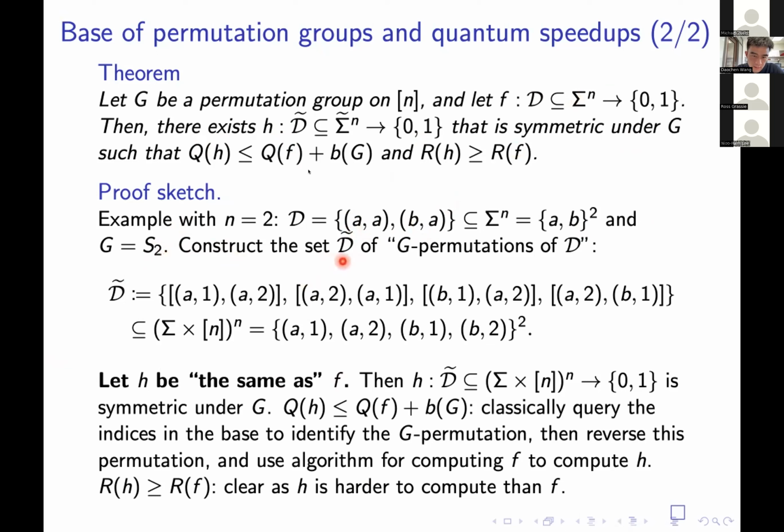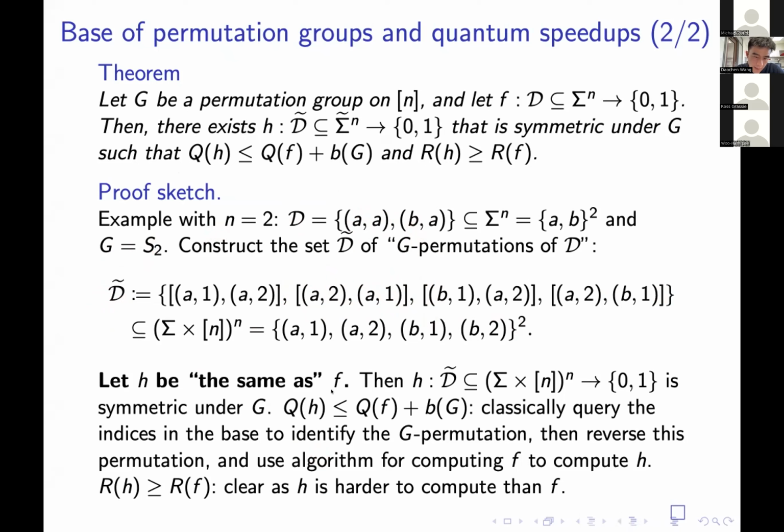We will construct the set D tilde of so-called G-permutations of D as follows. We take the first element in D and permute it according to the 2 elements in G. The first element in G permutes (A, A) into this thing in D tilde. The swap operation in G permutes (A, A) into this second element of D tilde, and we likewise do the same for (B, A). So that's why there are 4 elements in D tilde.